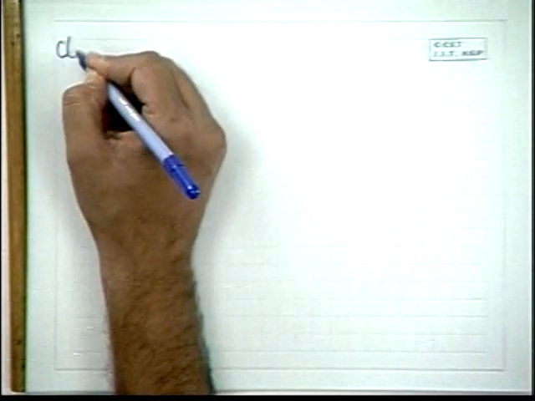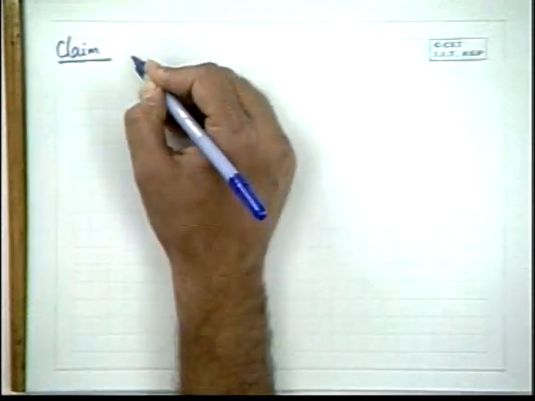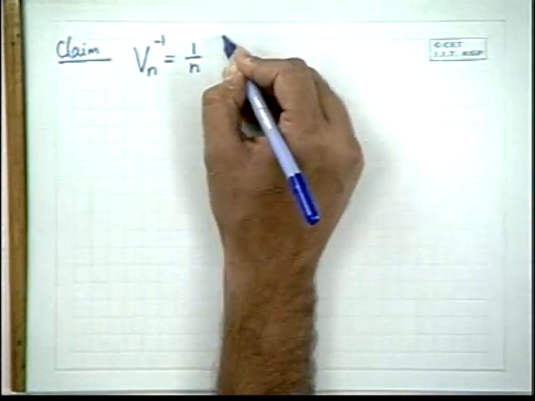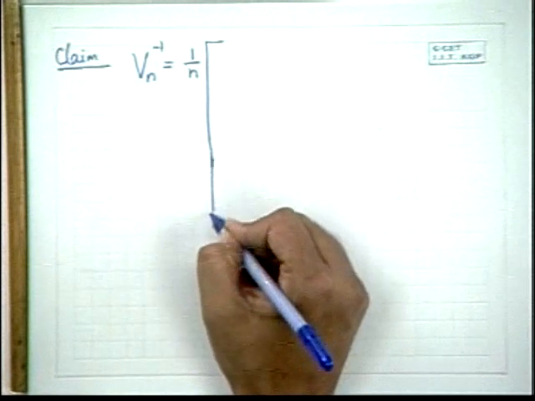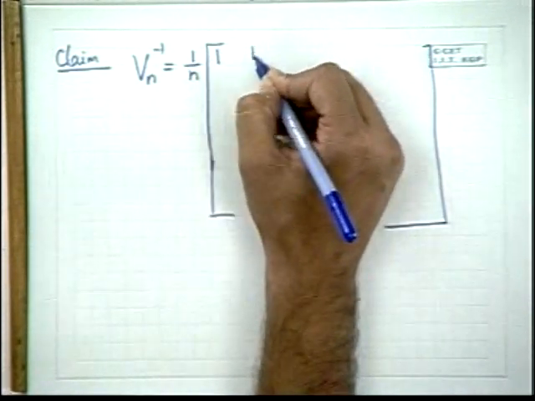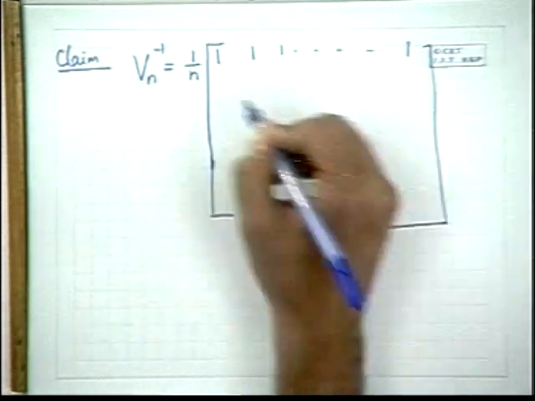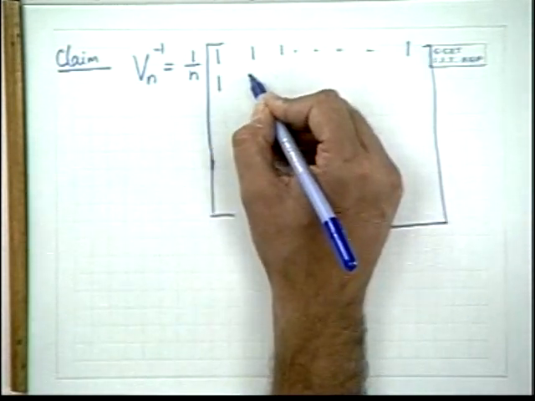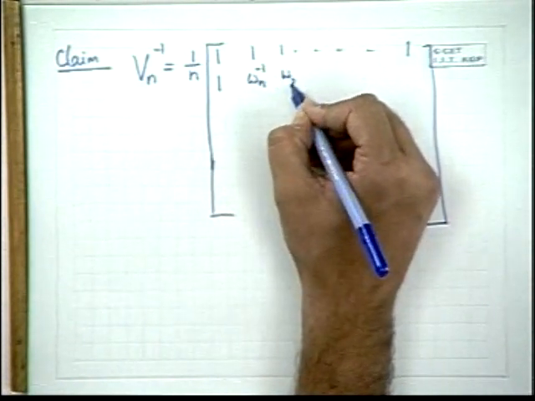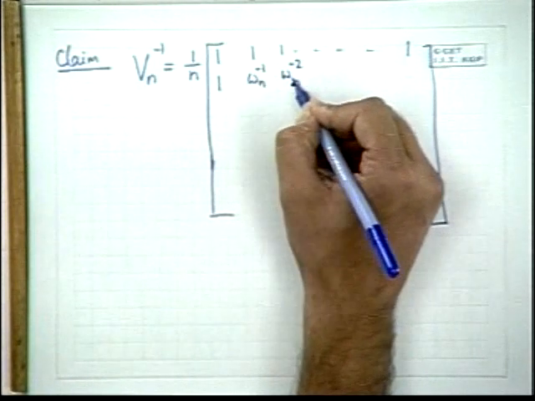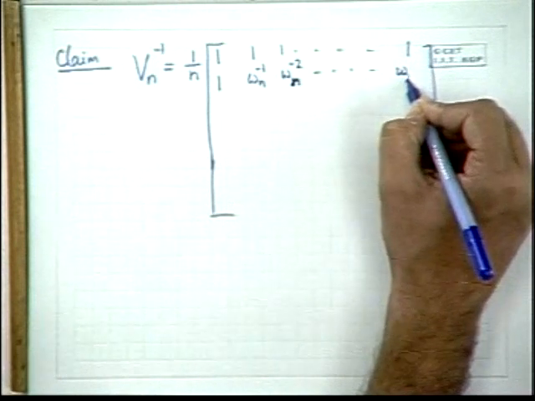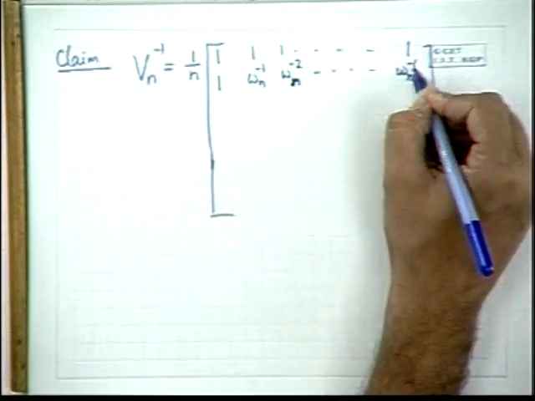The claim is that Vn inverse is nothing but 1 over n times a matrix; let me take a big matrix so that I can write it out. The first row is 1 1 1 1. The next one is 1, wn^(-1), wn^(-2), up to wn^(-(n-1)).